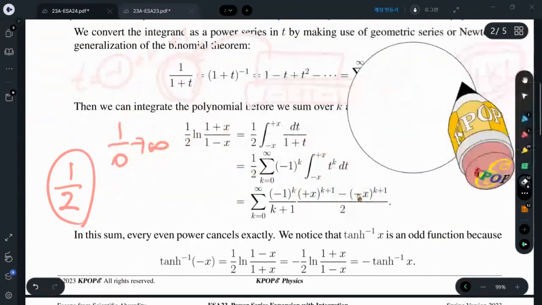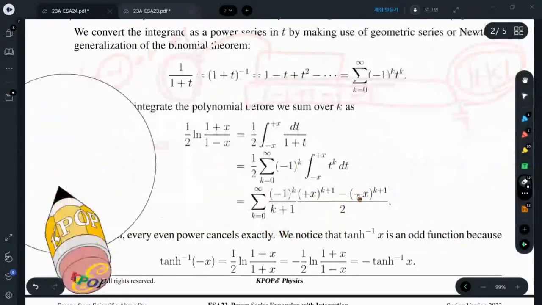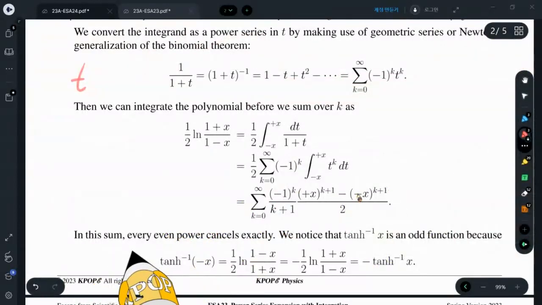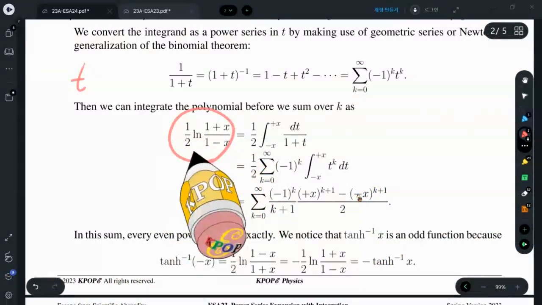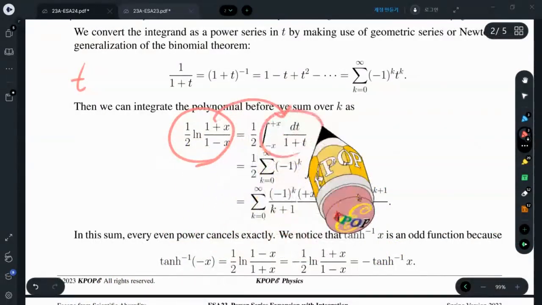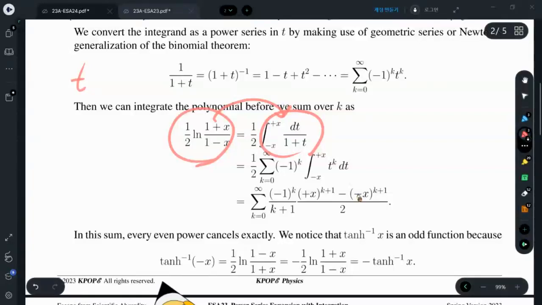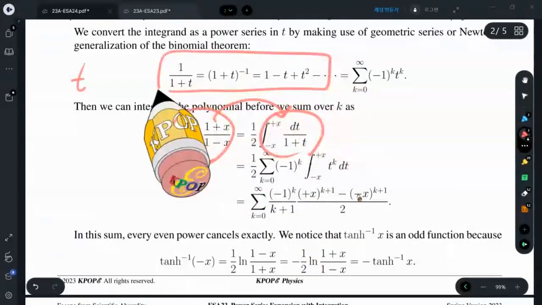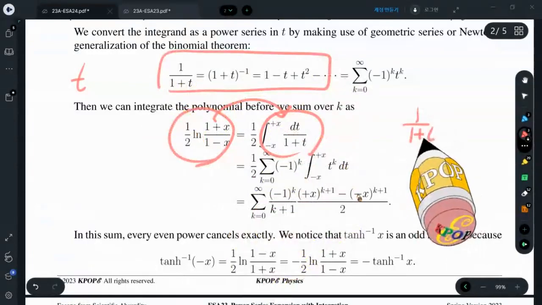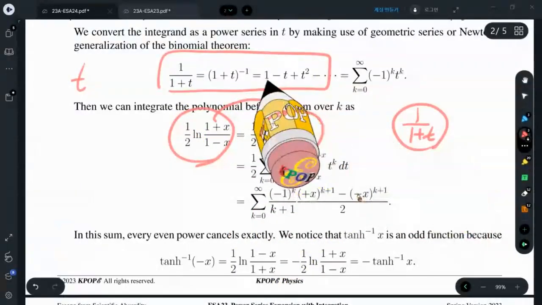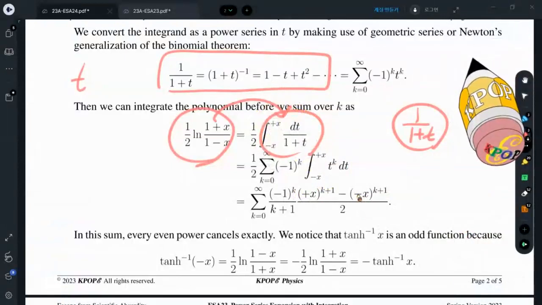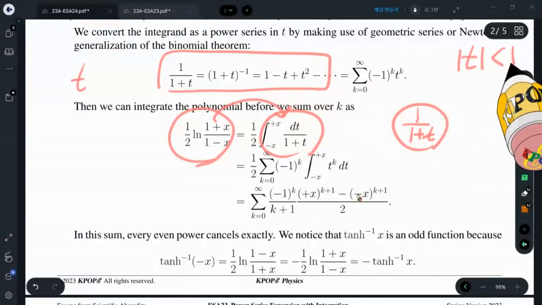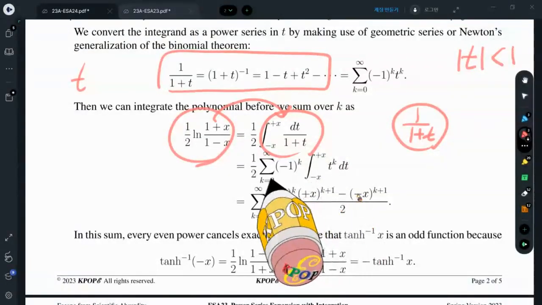That's fine. However, this provides us with a very simple way to evaluate the power series expansion of this. We know we have converted into this integral, and after expanding this integrand as a power series in t for any t that has absolute value less than 1, let's see if it is possible.